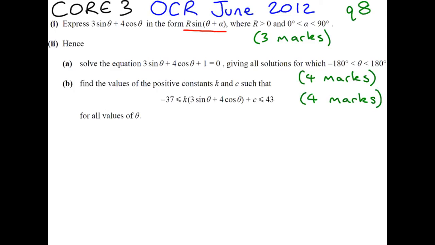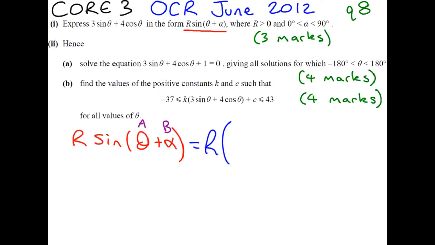So if we look at the formula for sine (A plus B), I'll write this out, r sine (theta plus alpha), theta is our A and alpha is our B. We get r, which we can leave outside a big bracket because that isn't going to change anything, it's just a multiplier.